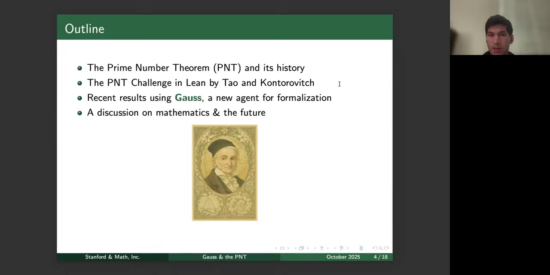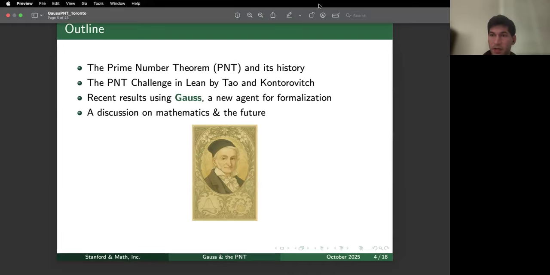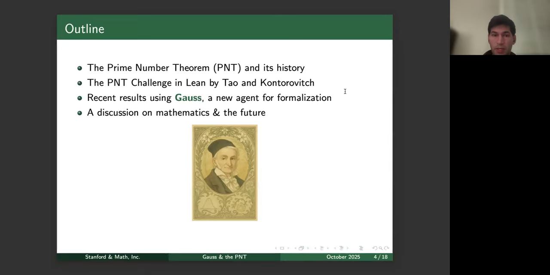And then talk about this recent result using Gauss, a new agent for formalization. And perhaps if there's a bit of time at the end, we'll be able to speak about maybe views on how mathematics might look in the future with these tools.